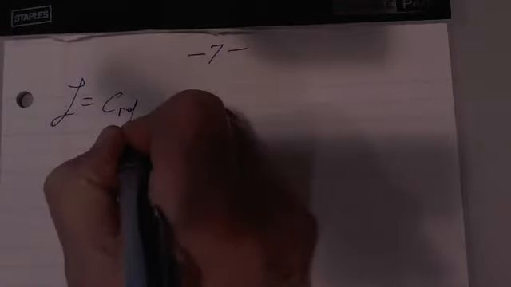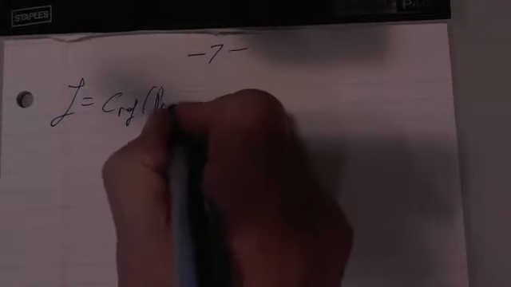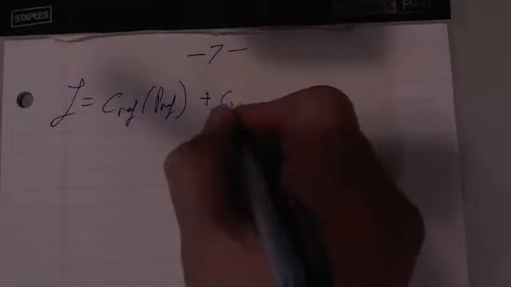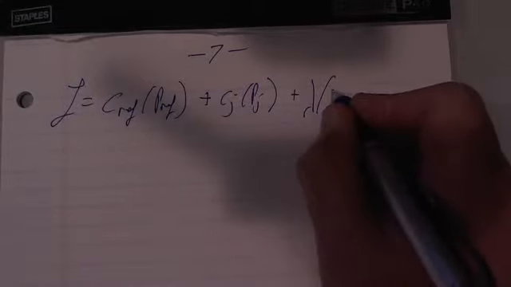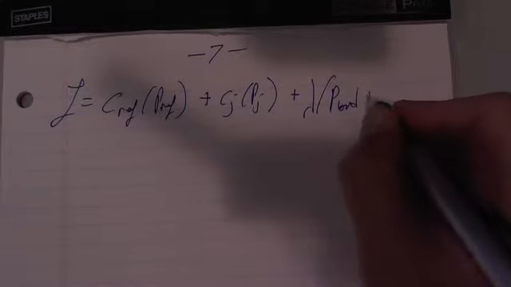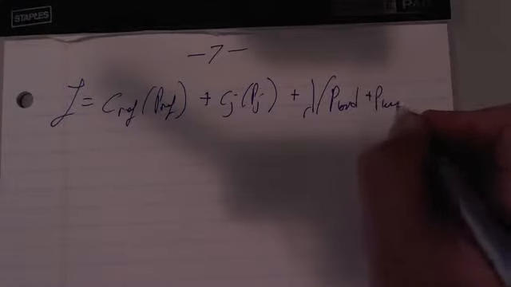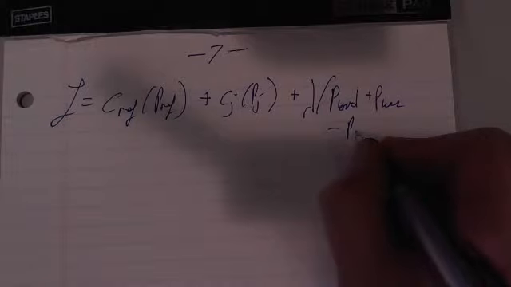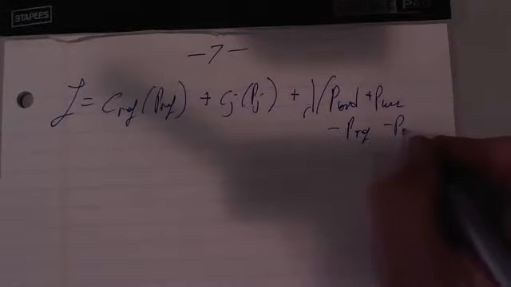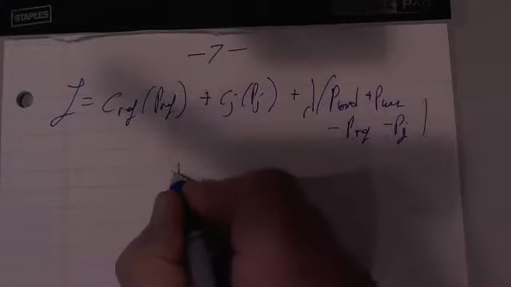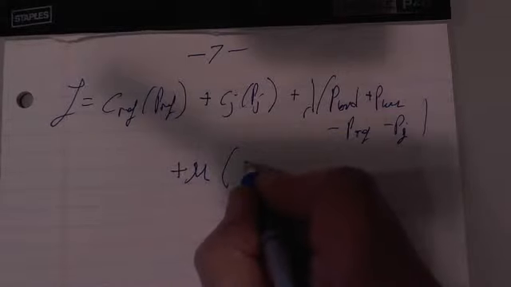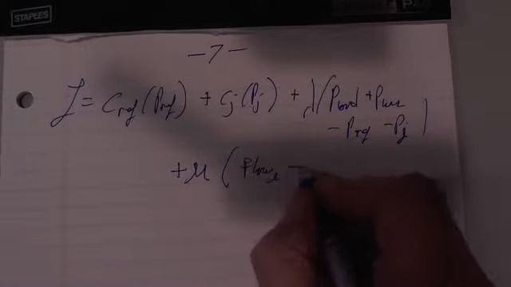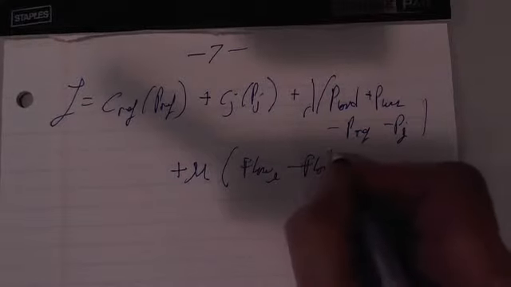So we have a Lagrangian. We have C reference times P ref. Oh, and we have a Cj times Pj, and we have plus lambda times P load plus P loss minus P ref minus P J, and then I have my constraint, which I'm going to use mu for the line flow limit, and I'm going to say flow L minus flow L limit.